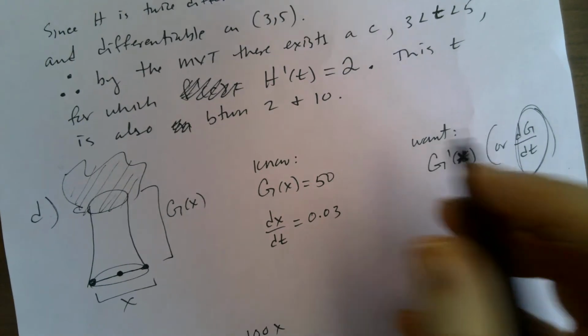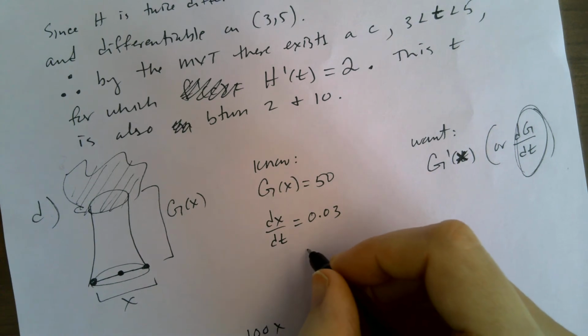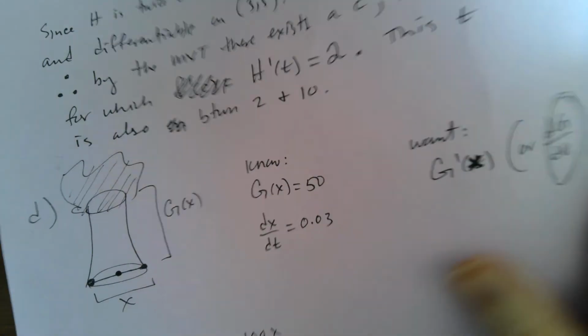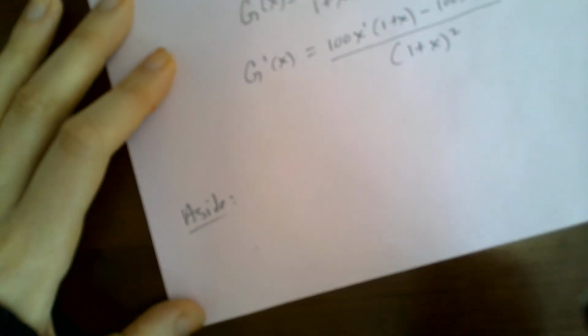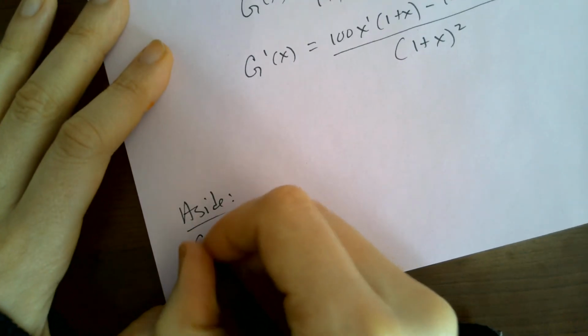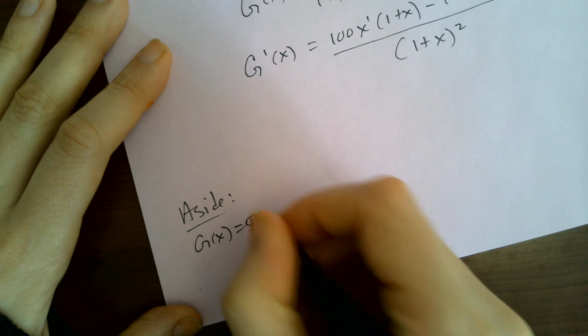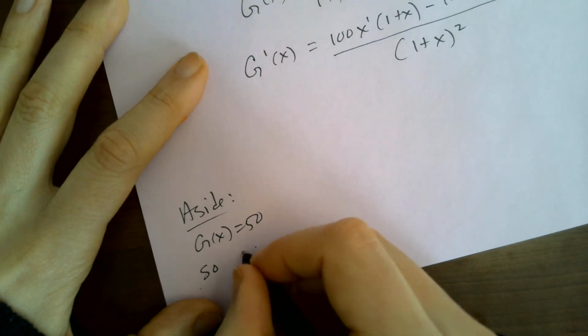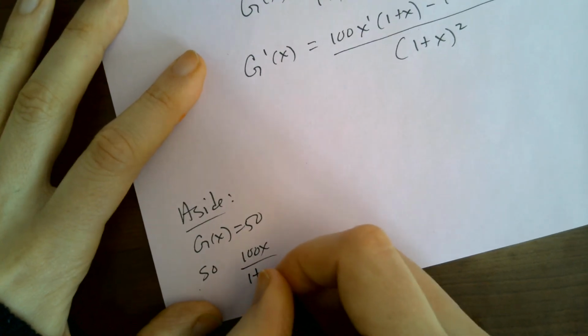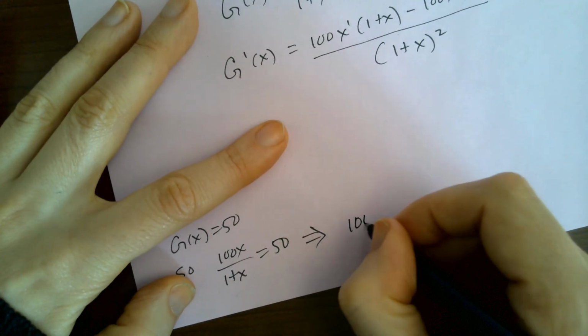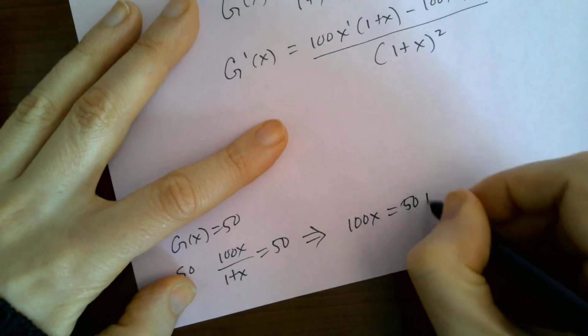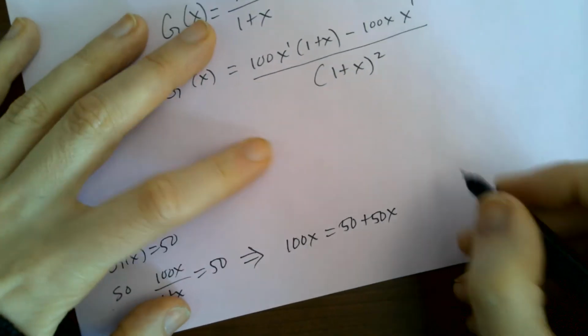Okay, so I'll do a little aside. g of x equals 50, so 100x over 1 plus x equals 50. And then you get 100x equals 50 plus 50x.